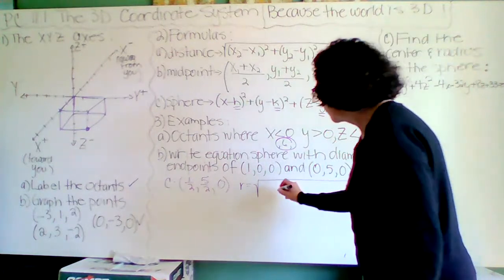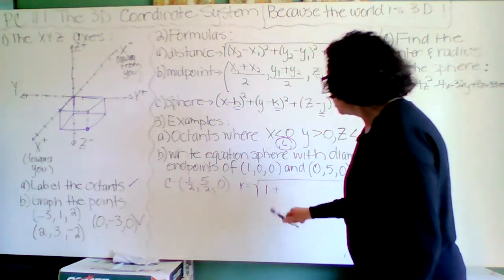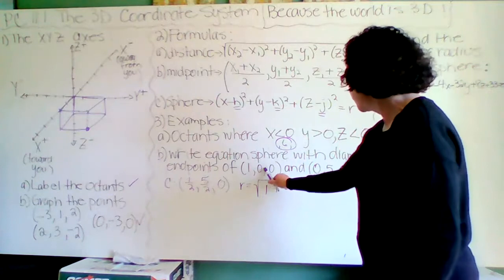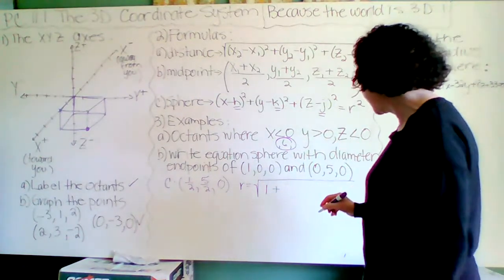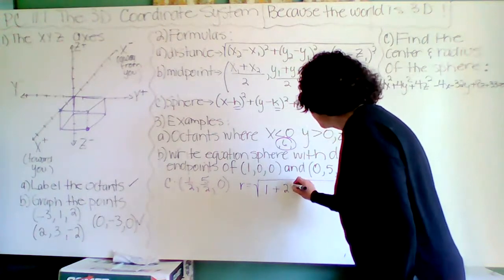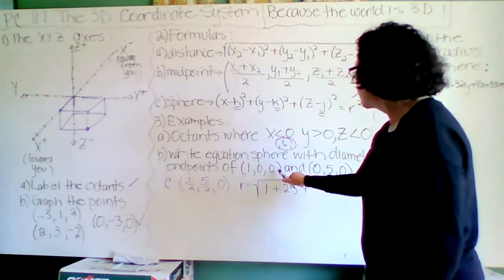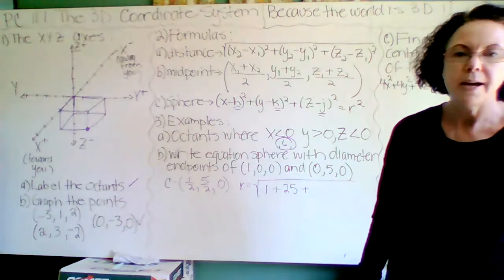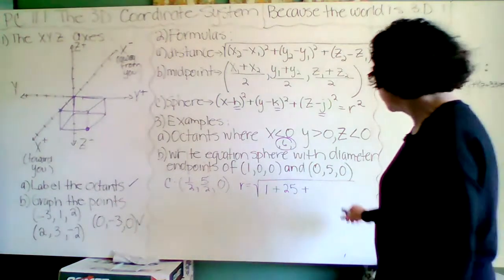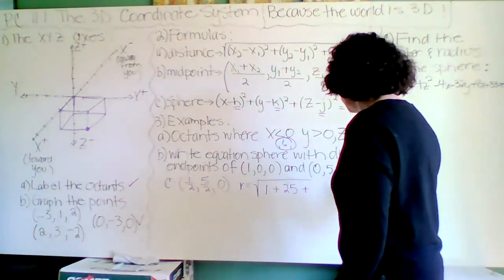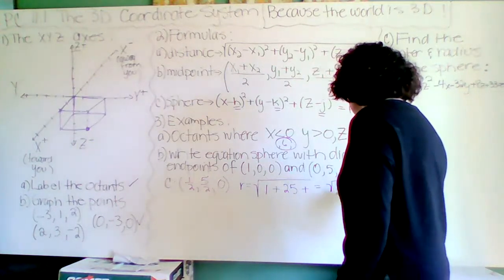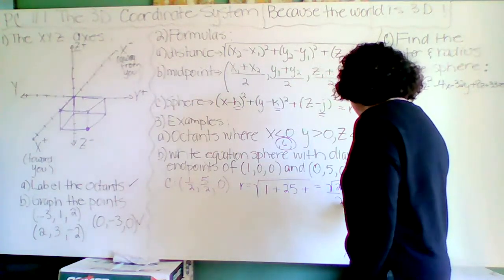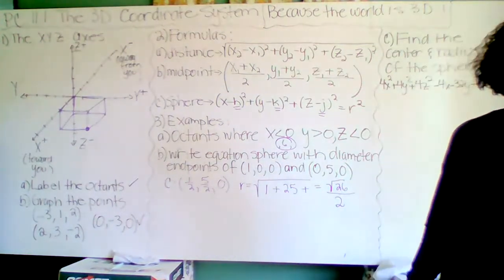That's 1 and square. For our y's, let's subtract our y's, and so that would be -5 squared is 25. Plus, for our zeros, 0 minus 0 is 0 squared is 0. So we have the square root of 26 is the length of the diameter, so the radius must be half of that.